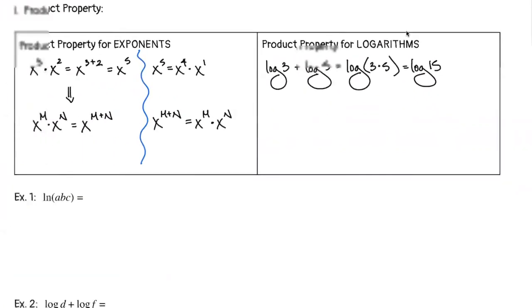And so here's what I mean when I say that these properties work very similarly. When I had exponents that I added, it meant that I could break it down into the product of two bases to the different exponents. And so over here, same thing, if I have 2 logs added to each other, I can turn those into a single log where I'm multiplying the 2 values there.